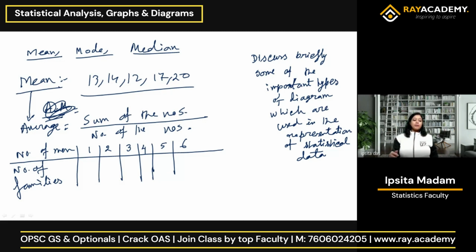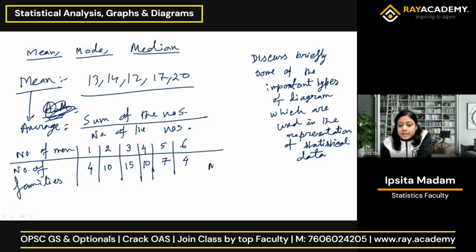One man in 4 families, 2 men in 10 families, 3 men in 15 families, 4 men in 10 families, 5 men in 7 families, 6 men in 4 families. So how can we find the mean?